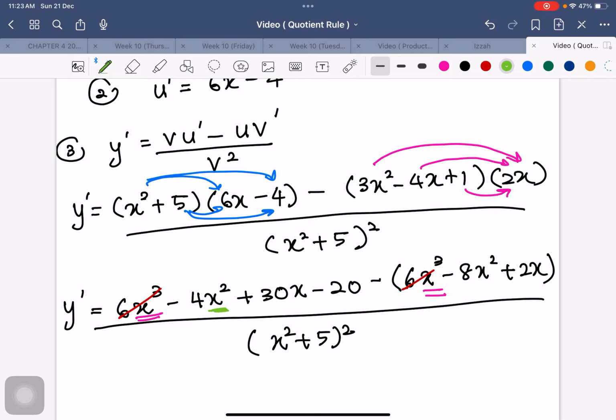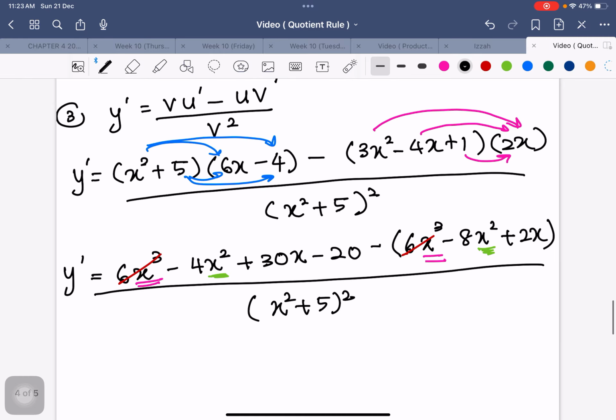So, this is x squared and you have another x squared here. Okay? So, if you simplify this one, you akan dapat negative 4x squared. So, here minus minus. So, you akan dapat plus 8x squared.